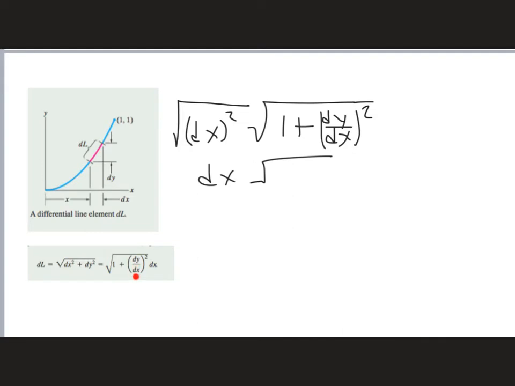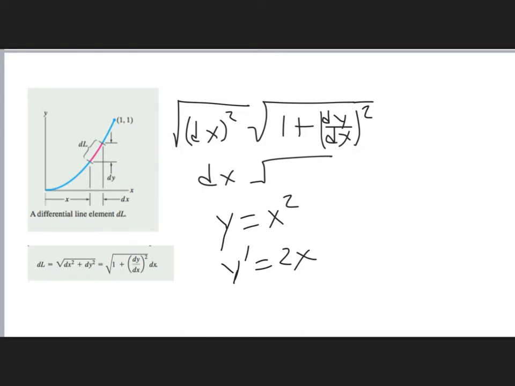Now this dy over dx, that's just the derivative. And so here we have the derivative squared. Now what's the derivative of our function here? We know that y is equal to x squared, and so the derivative y prime, or dy dx, is just going to be 2x.